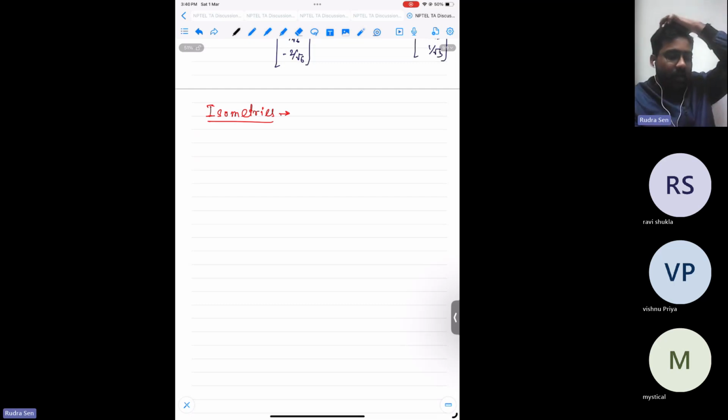If we consider an inner product space, or a metric space. A metric means that in that space all the distances are calculated. If there is a linear transformation T from that same space to that same space, then it is called an isometry.